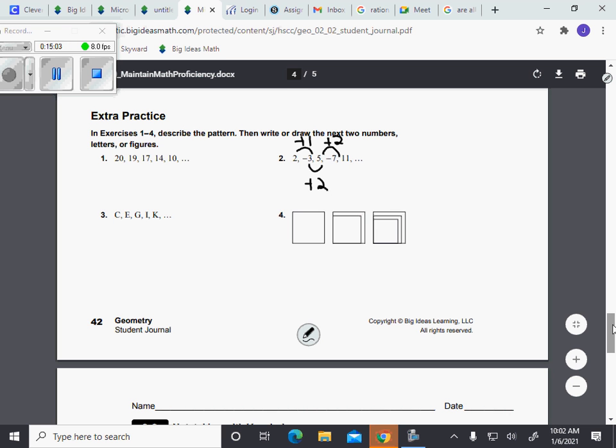So that can't be our pattern. We have to look at something else. Find something that all these numbers have in common. They're all what? Prime numbers, right?